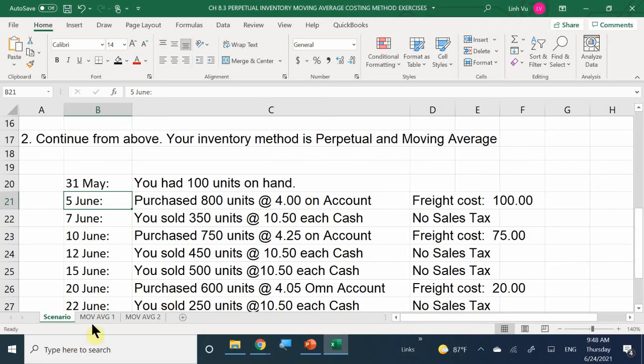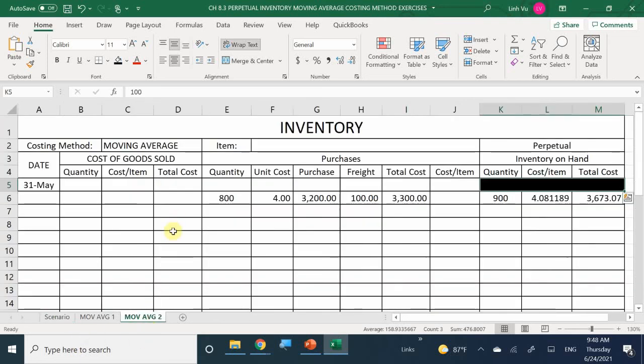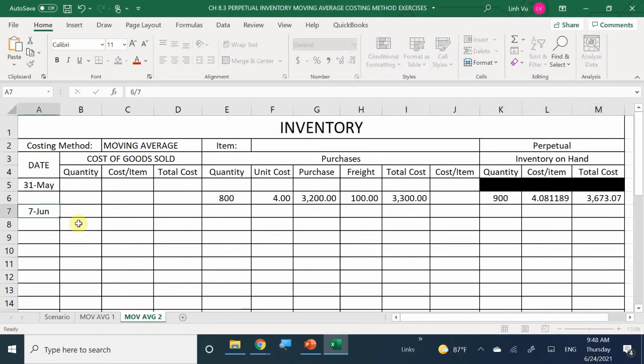Yeah, no worries. We sold 350 units on June 7. At what average cost? What's my cost per item? The 4.081189. Okay.